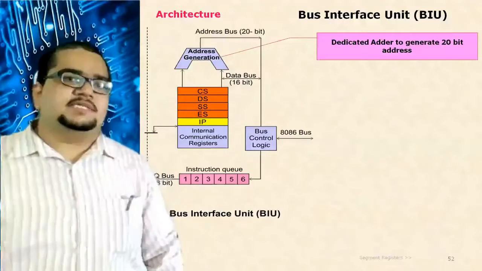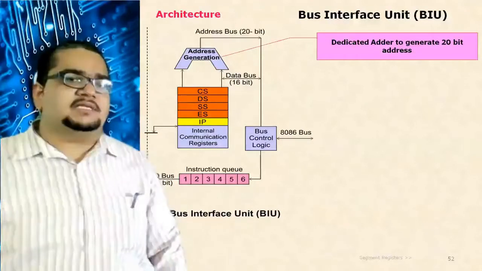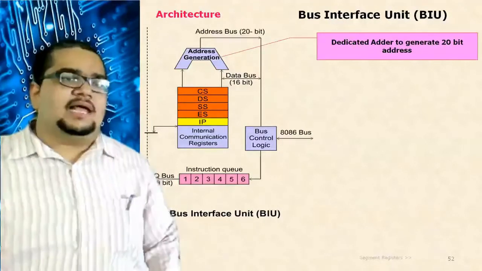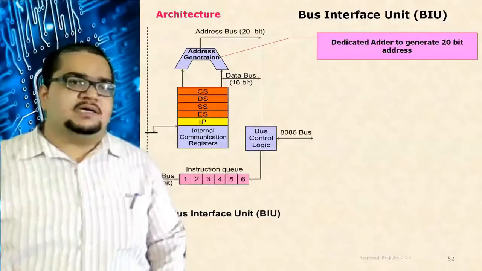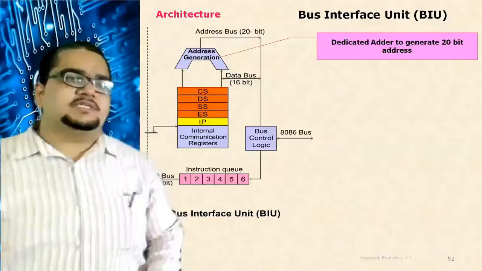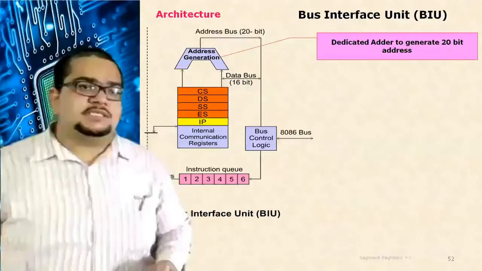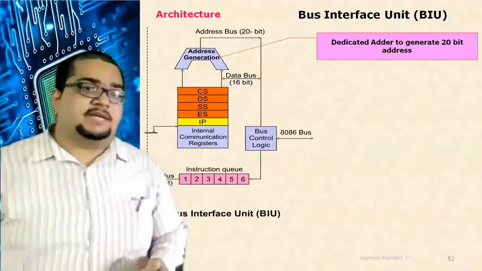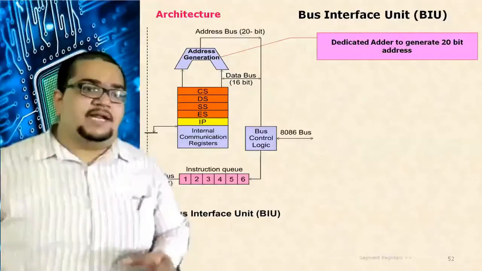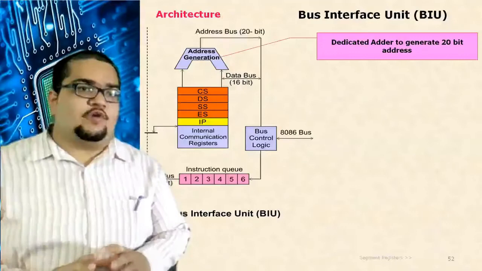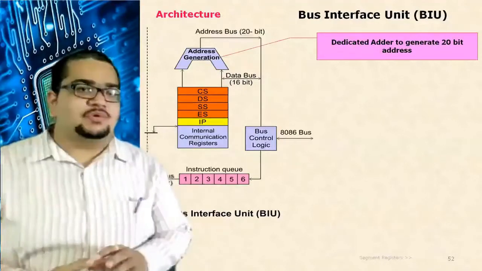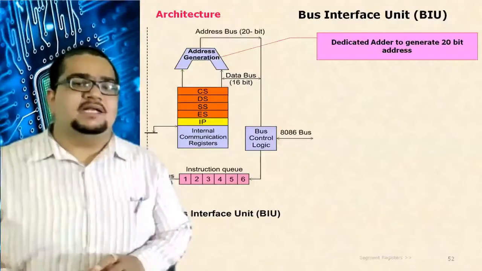So here is the bus interface unit. It contains three major things. It has an address generator. The job of this address generator we have clearly discussed in our previous class while talking about memory segmentation: the 8086 can address up to 20-bit locations, but it has only 16-bit registers inside it.